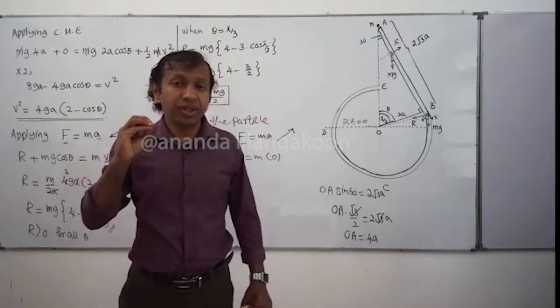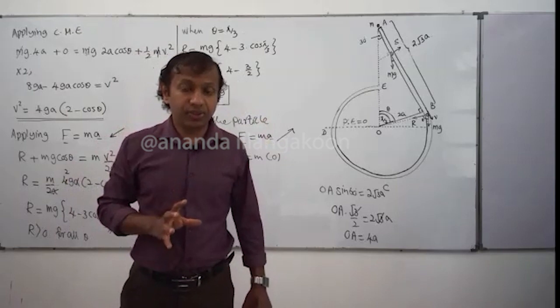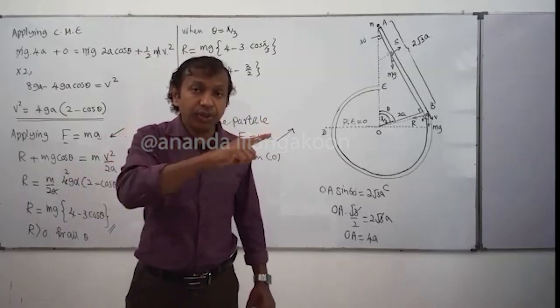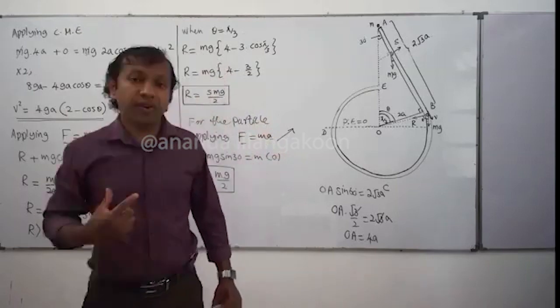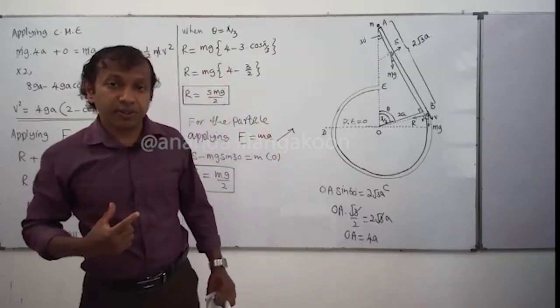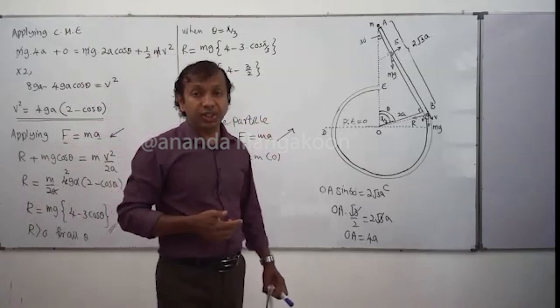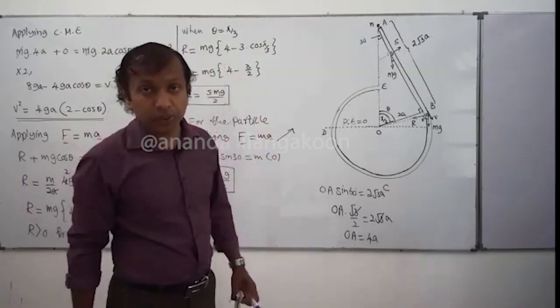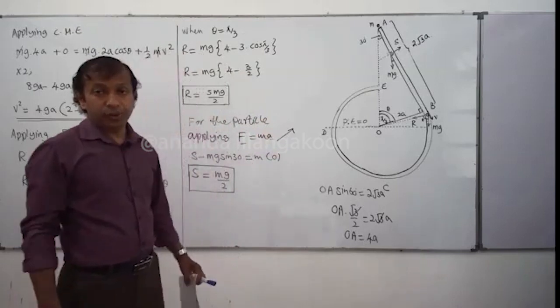Abruptly means suddenly. The direction of the reaction changes from outward to inward, and the size also suddenly changes from mg by 2 to 5mg by 2. That's what we have to prove in this case.